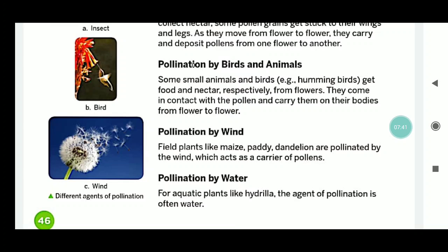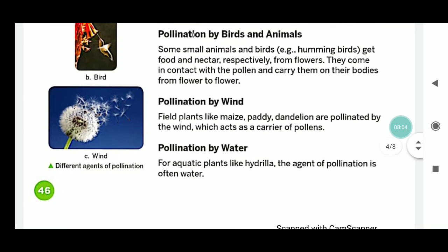That means when these birds try to get nectar or food from the flower, they come in contact with the pollen grains and carry them on their body from one flower to another flower. That causes pollination.